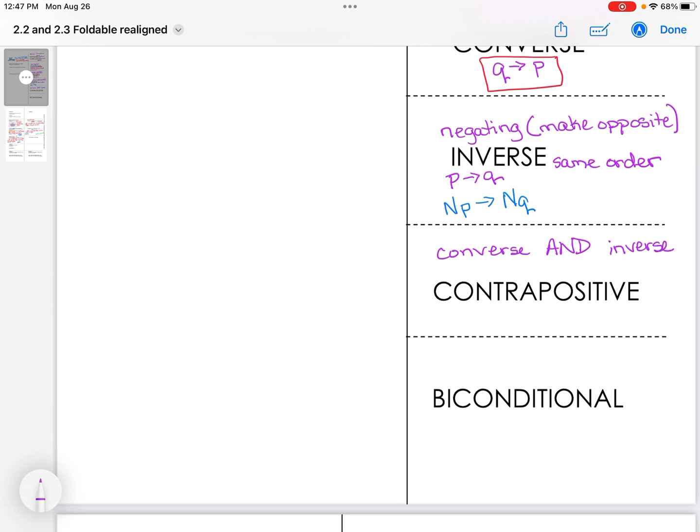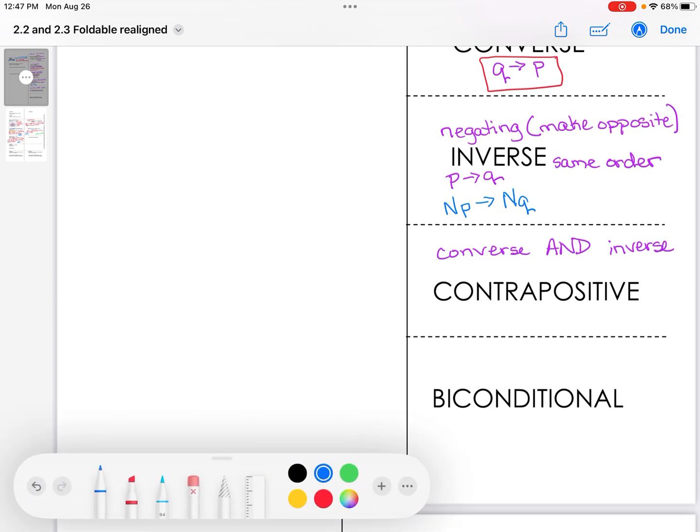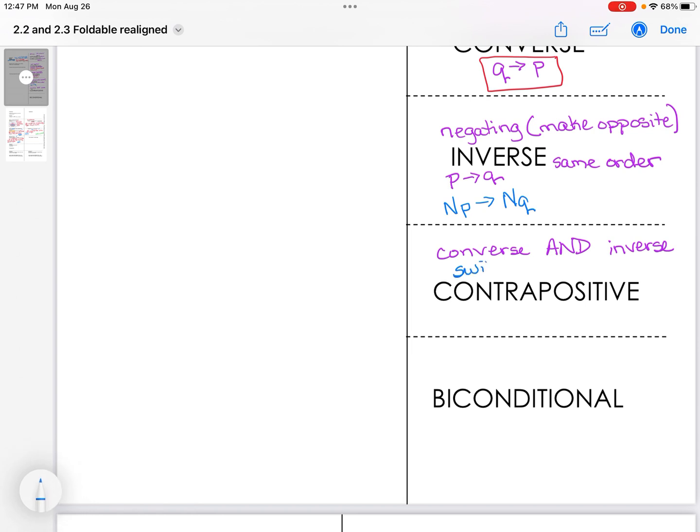So you switch, I'm going to change colors, so you switch P and Q and make it negative. So a contrapositive would be not Q, then not P.